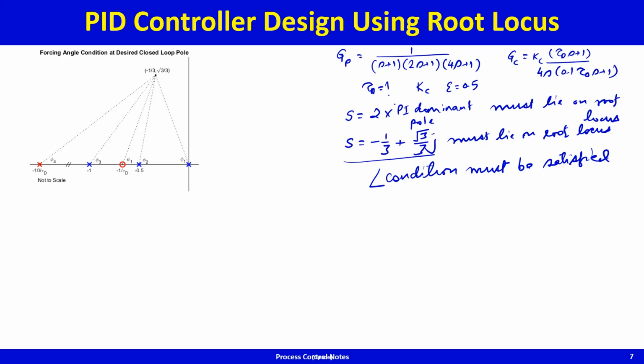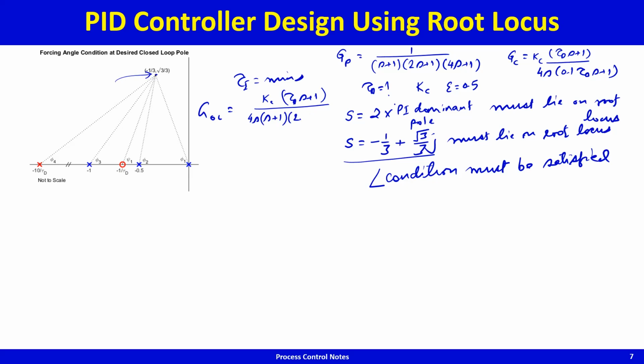So here is what I've done. This is the desired point through which the root locus must pass. Tau I is as usual chosen to be 4 minutes, and therefore G open loop, which is GCGP, would be Kc (tau d s plus 1) divided by 4s (s plus 1)(2s plus 1)(0.1 tau d s plus 1).